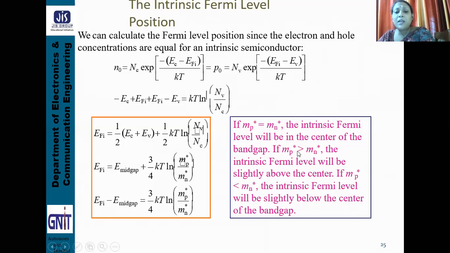That means there are many more states available in the valence band than in the conduction band. That's why it is difficult to jump an electron from the valence band to the conduction band, and the Fermi energy level is slightly above the center.